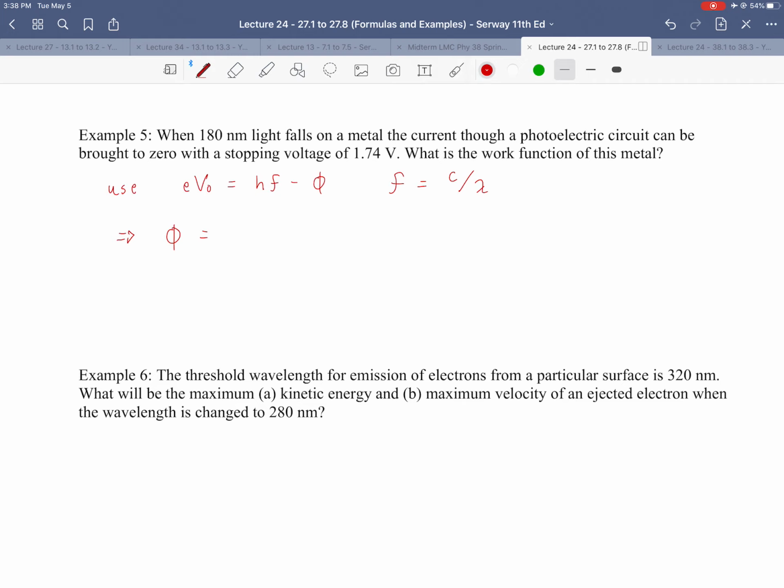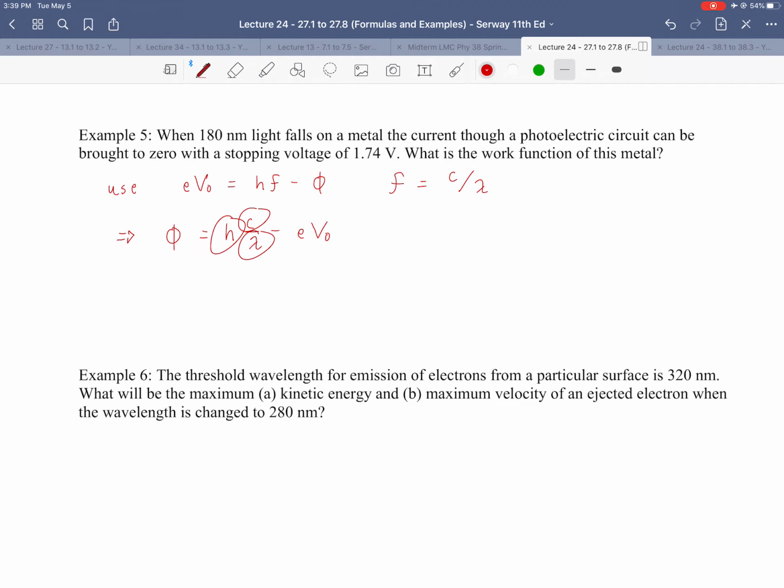I'd add it to both sides, and then subtract. So it'll be hf minus eV naught, that is, h times c over lambda minus e times the stopping voltage.